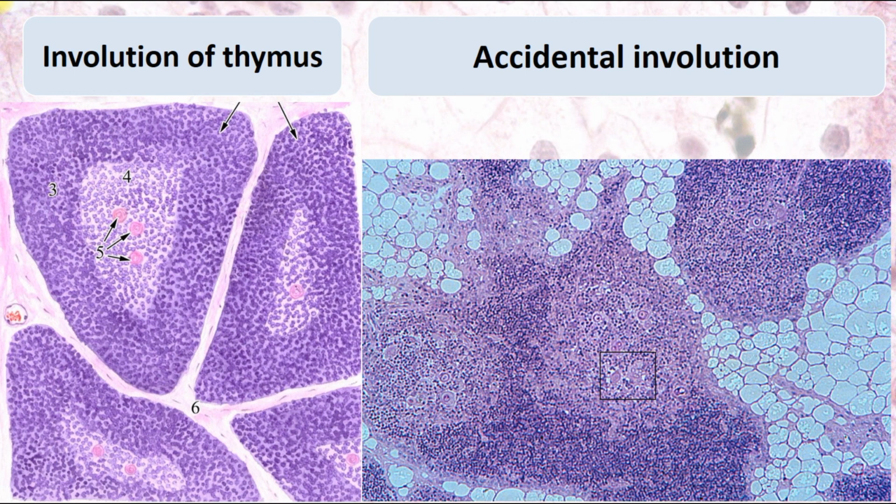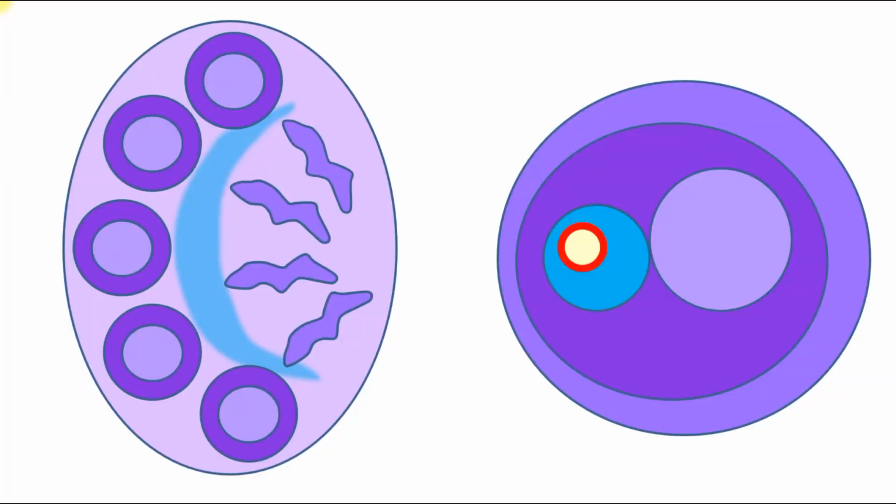When thymus loses its own T lymphocytes, and the stroma of thymus undergoes collapsing and replacing with connective tissue and adipose tissue, it's called accidental involution. It's an abnormal condition. And the involution which takes place during puberty is a normal condition.